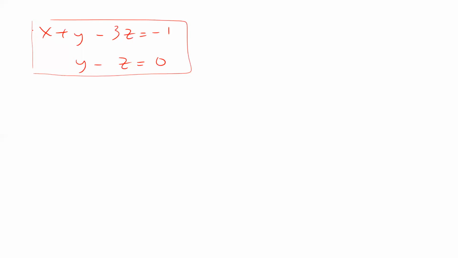Good there? So what we're going to do is start off with our bottom equation now, and we're going to solve for y. And we have to make one of the variables a constant, right? So here's what we're going to do.